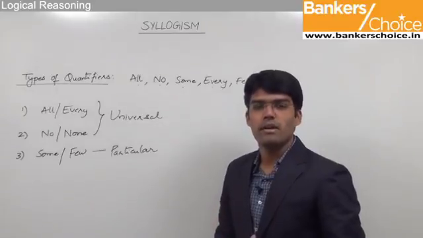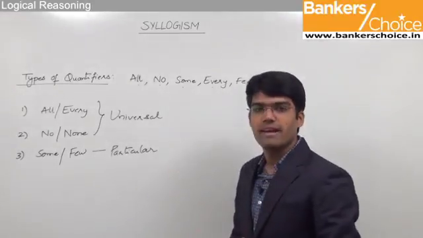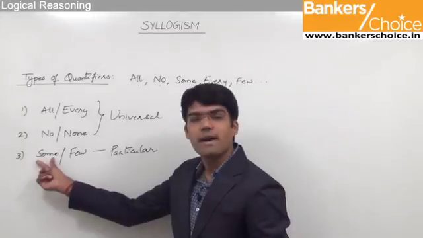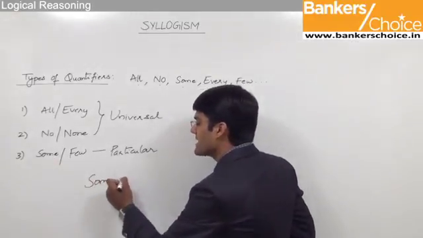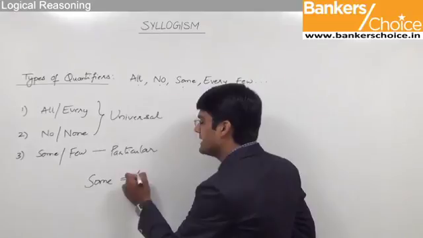The other important point which we need to understand about quantifiers is the range of the quantifier some. For example, some generally means at least one. When we use the term some, it refers to at least one.